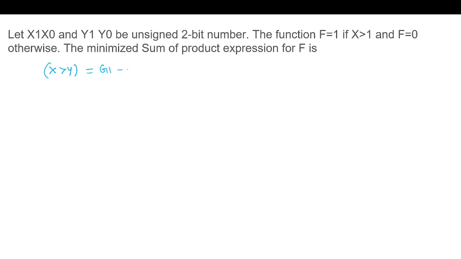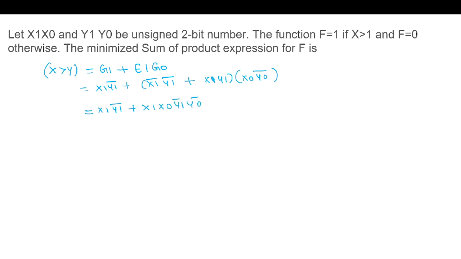So the greater expression is g1 plus e1 g0, which is nothing but x1 y1 complement plus x1 complement y1 complement plus x1 y1 x0 y0 complement. That is x1 y1 complement plus x1 x0 y1 y0 plus, this is the expression. Now we have to simplify this expression.